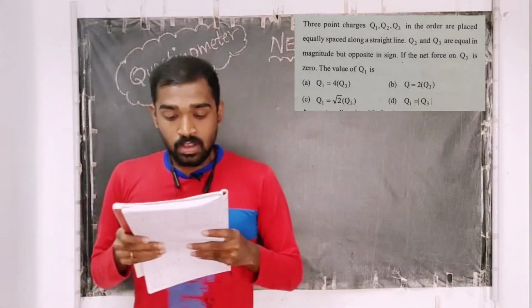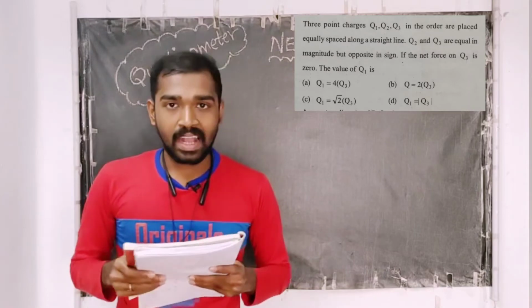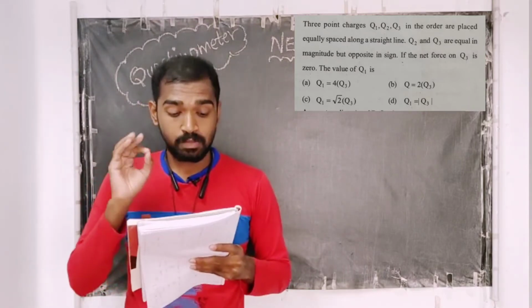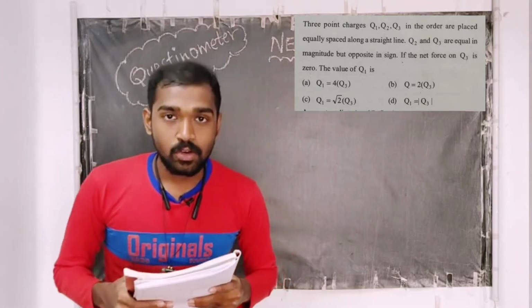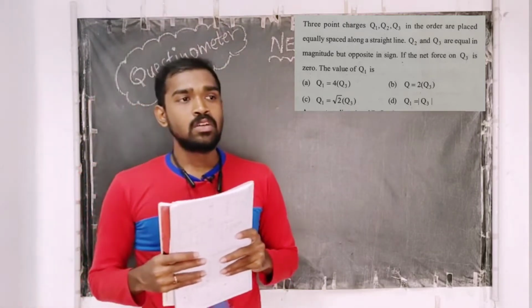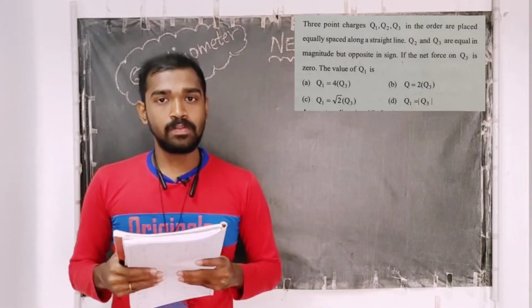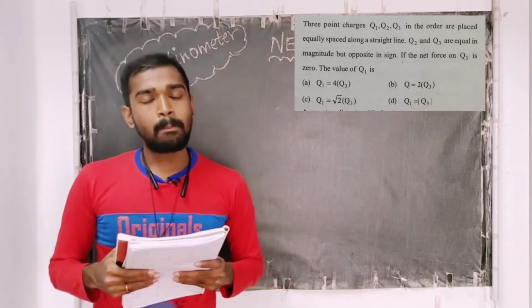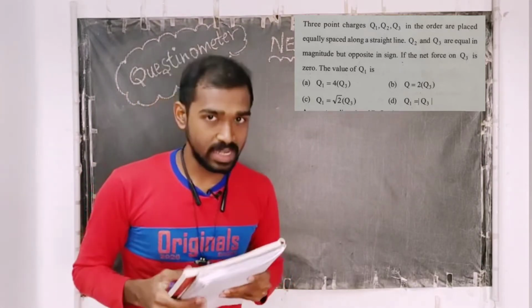Got it? By the way, Q2 and Q3 are equal in magnitude, and they have also mentioned a special point that Q2 and Q3 are equal in magnitude but opposite in sign. So for instance, we can consider the magnitude of Q2 is 5 coulomb. By the way, the magnitude of Q3 is also 5 coulomb, but they are opposite in sign.